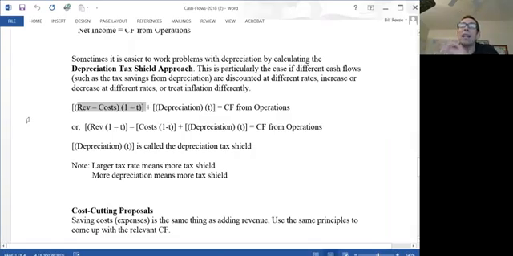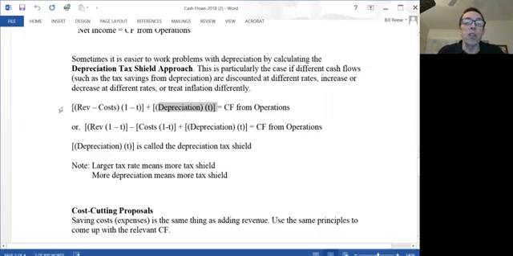Now, if I decide that I want to discount the cash flows from my depreciation tax shield at a lower rate because I know for sure how much taxes I'm going to save in the future, then I can do this for time 5. The amount of my depreciation times the tax rate, that's how much money I'm going to be saving on my taxes in year 5 right there.